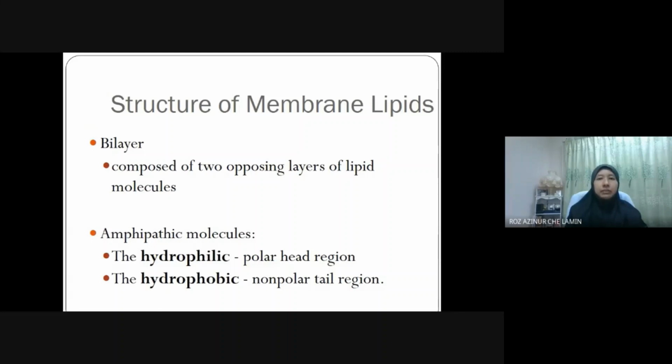For the structure of the membrane lipid, mostly it consists in bilayer form, composed of two opposing layers of lipid molecules, and it has an amphipathic molecule. One is the hydrophilic, which is the polar head region. Second is the hydrophobic, which is the non-polar tail region.